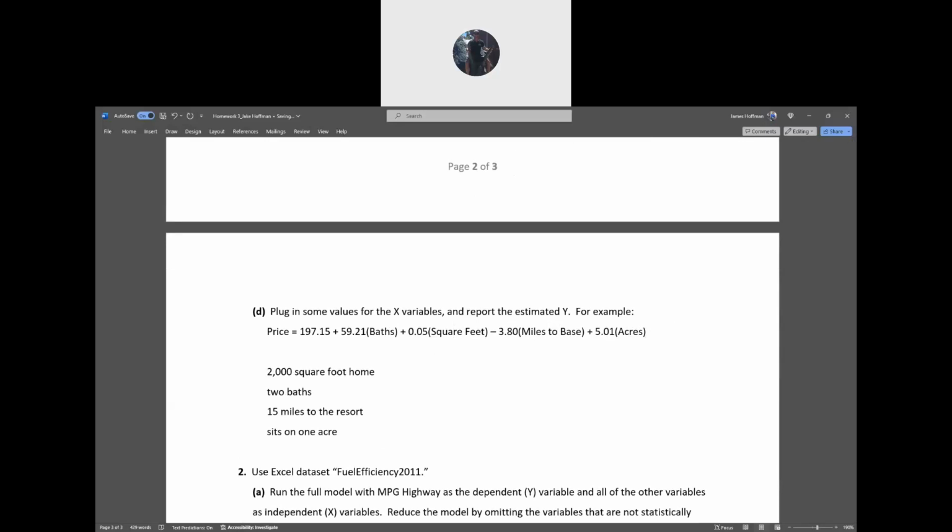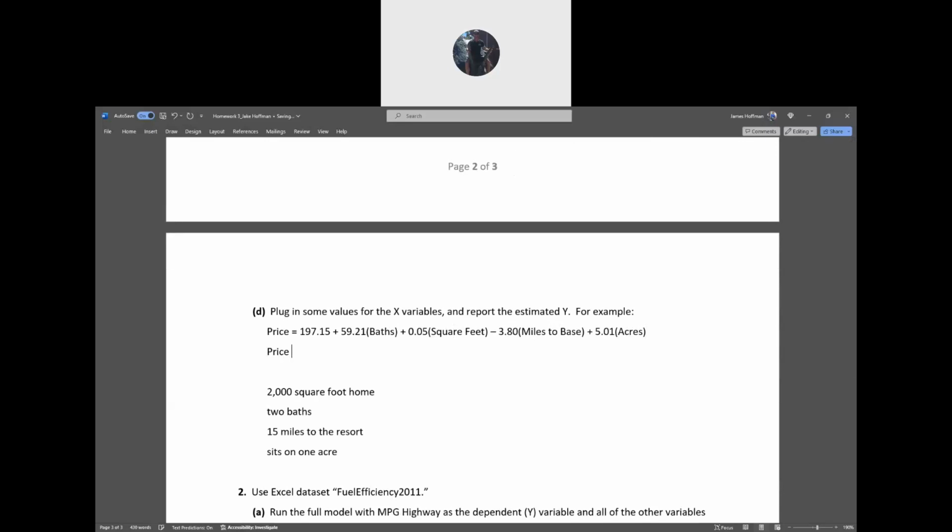So we can expect the price of the home to be roughly 197.15 plus 59.21 times 2 baths plus 0.05 times 2,000 minus 3.80 times 15, and then plus 5.01 times 1.